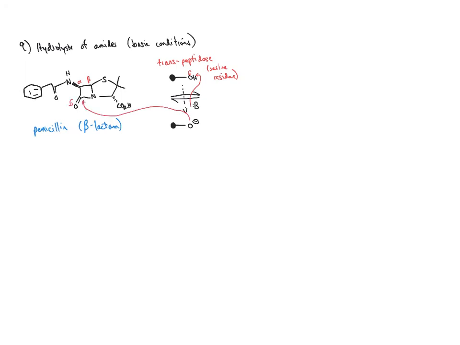So this is simply a hydrolysis of an amide, and so we're going to get as a product of this the peptide has now been opened up. Your amide has been opened up.